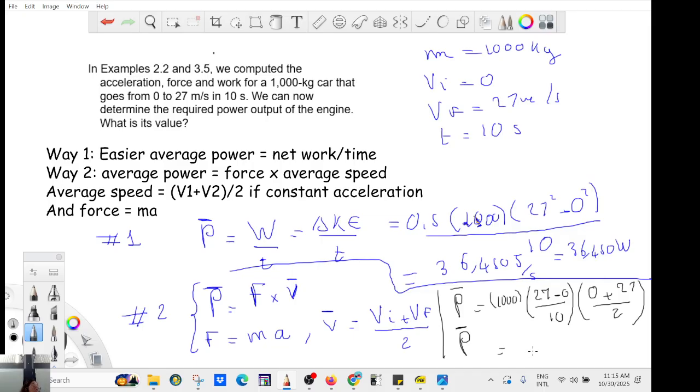Right? And you should get the same thing.